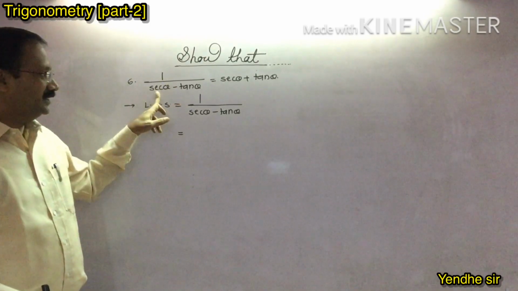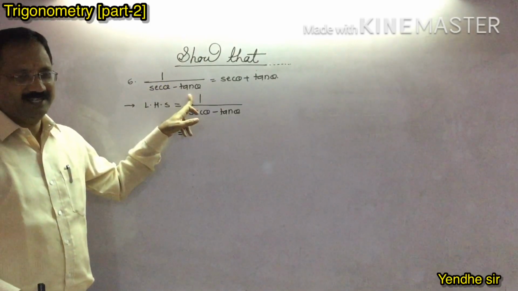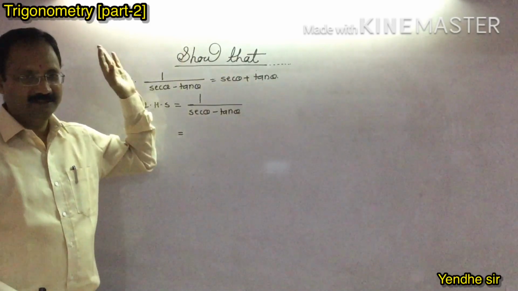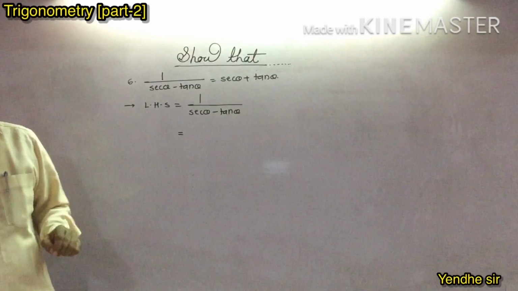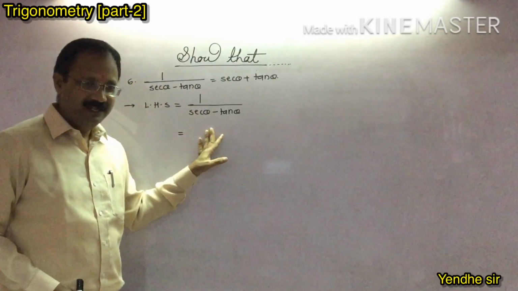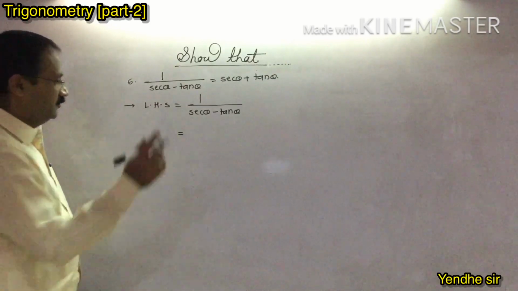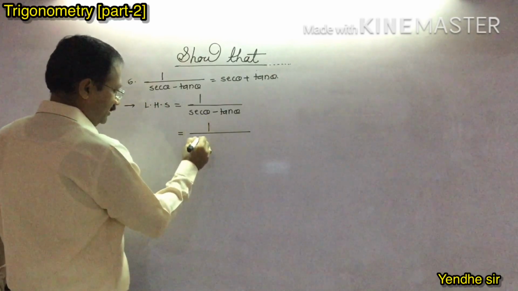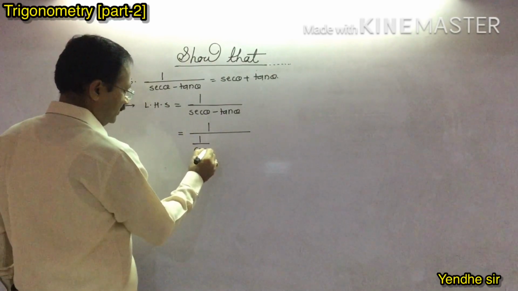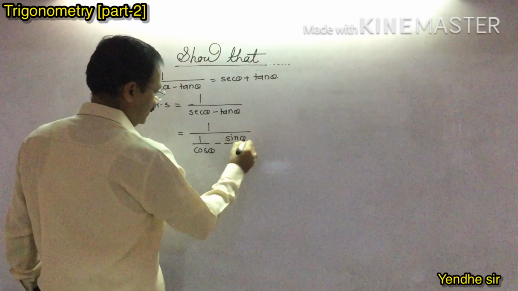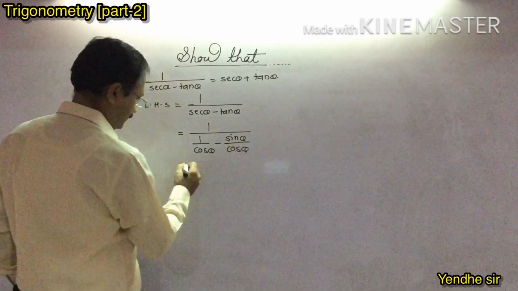Let's start with this sum number 6. 1 upon sec theta minus tan theta. You have to prove that it equals sec theta plus tan theta. So again, you have to follow the rules. Rule number 1, take LHS. I have taken it already. Rule number 2, write the formula. So here I am going to write the formula. Sec theta is 1 upon cos theta, minus tan theta means sin theta upon cos theta.